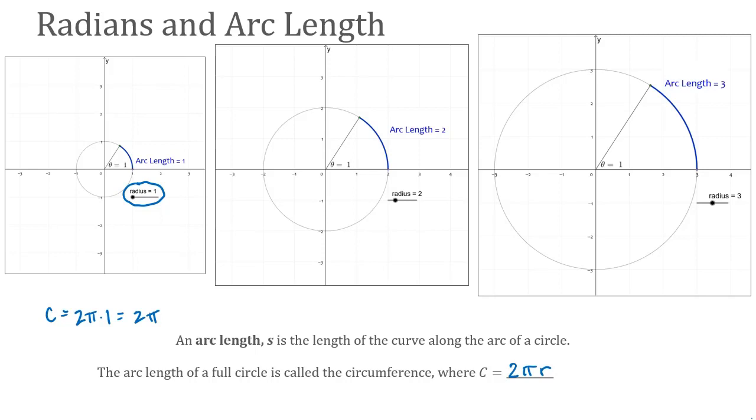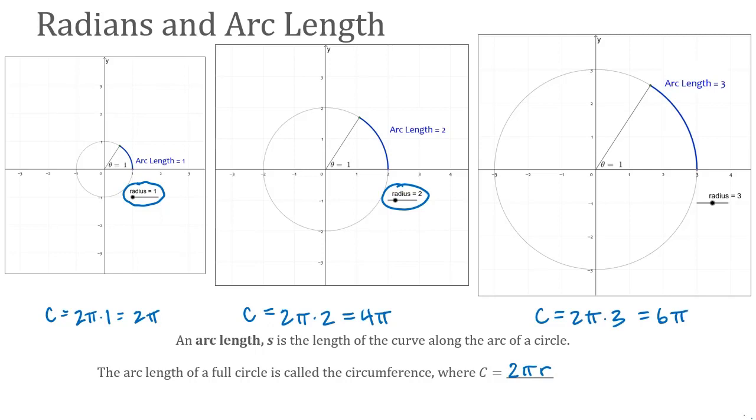That's approximately 6.28. For the second circle that had a radius of 2, we would say that the circumference is 2 times pi times 2, or 4 pi, so twice as big. For the third, the same pattern continues. We would have a radius of 3, so the circumference is 6 pi.